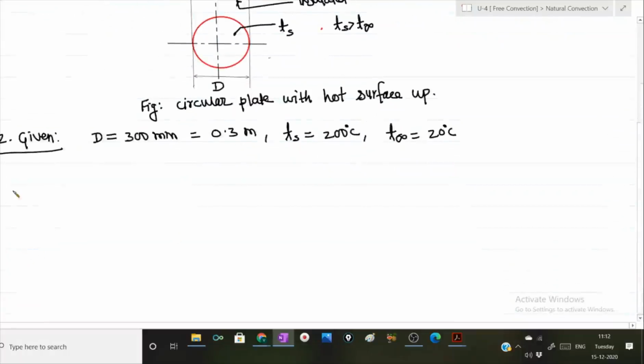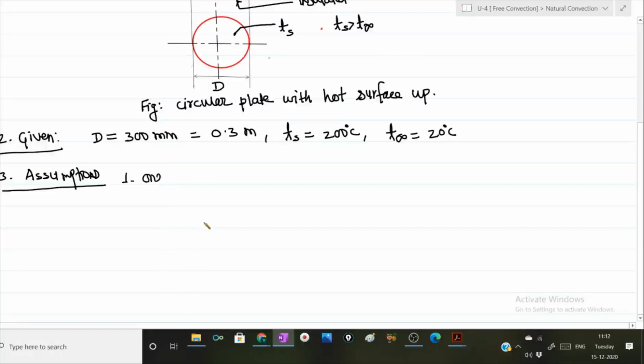Now step number 3, let us make some assumptions to solve this problem. So we have standard set of assumptions. Number 1, we will be assuming one-dimensional steady state heat transfer.